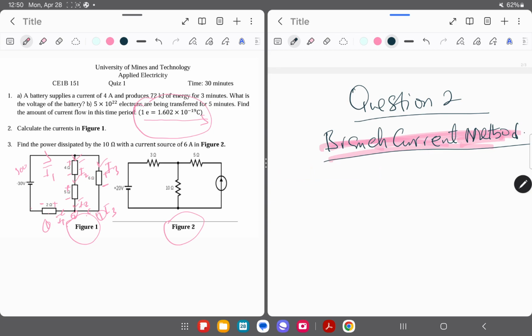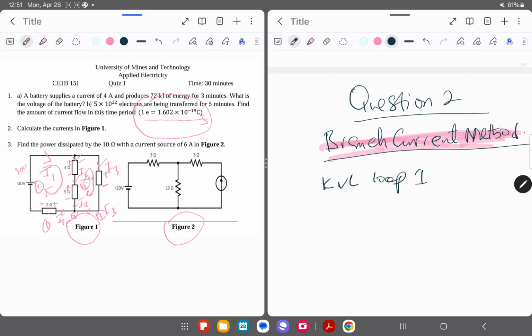Now I'm simply going to apply Kirchhoff's voltage law to the loops. Let's say loop 1: I'm going to indicate loop 1 to be the first loop here, which is this one. Then the second loop here is my loop 2.